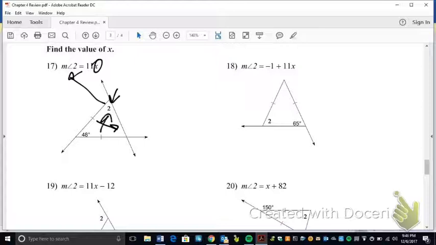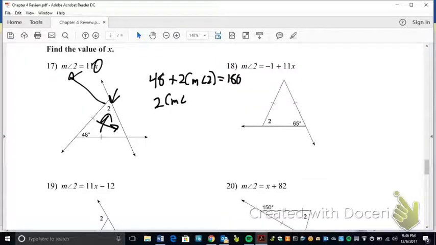So here, we know that those two angles, by the isosceles triangle theorem, remember the isosceles triangle theorem, if two sides are congruent, then the opposite angles are congruent. So we know that 48 plus 2 times the measure of angle 2 equals 180. That's the angle sum theorem.